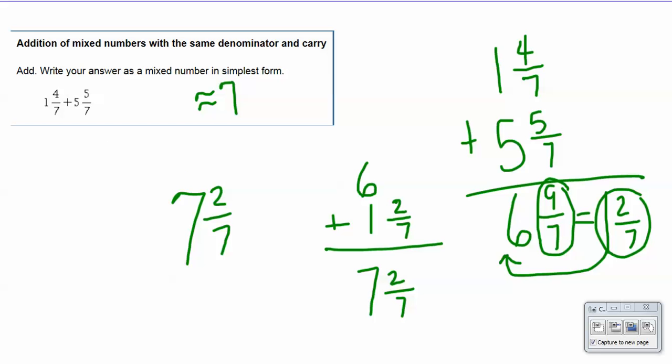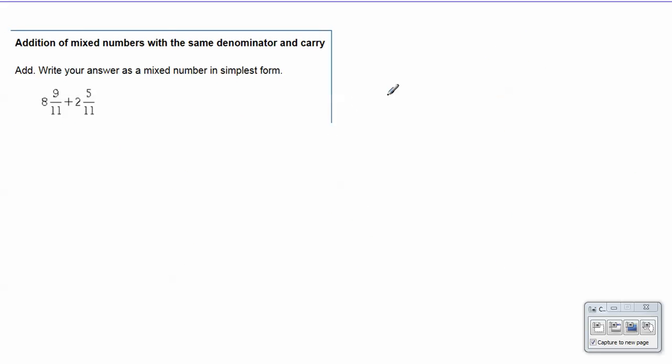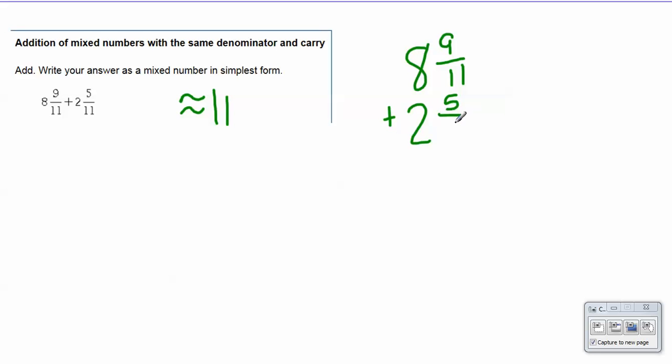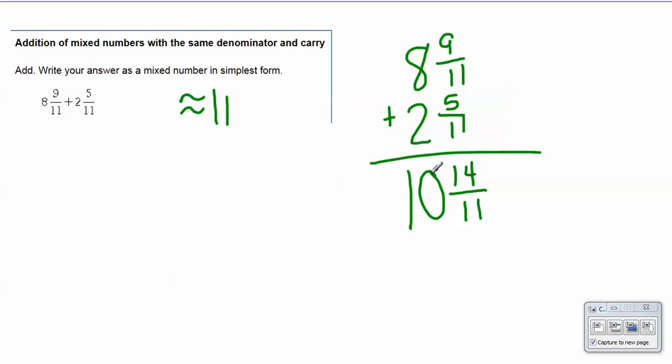Let's do one final example. 8 plus 2 equals 10. My answer is going to probably be around 11. Let's find out. 8 and 9 elevenths plus 2 and 5 elevenths. 9 plus 5 is 14 elevenths. 8 plus 2 is 10.